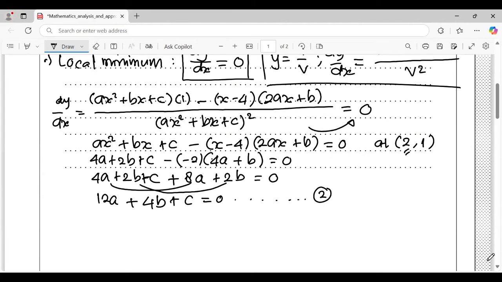And the next focus is the vertical asymptote. The vertical asymptote is x equals 1.